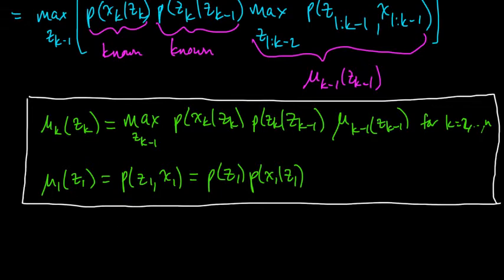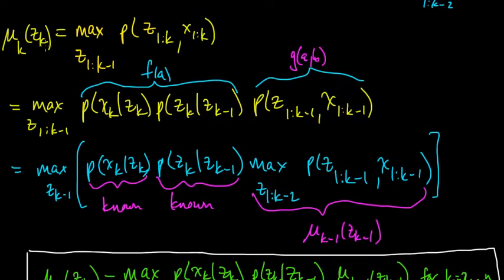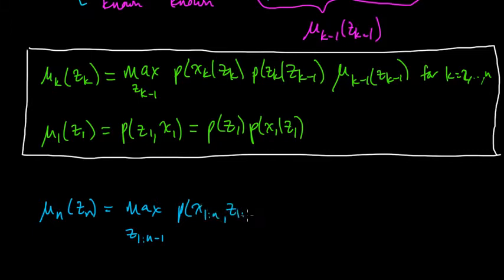And then once you have mu_n, what is mu_n? Mu_n at the last step, mu_n(z_n), is the max over z from 1 to n-1 of the probability of the whole thing, x from 1 to n, z from 1 to n.